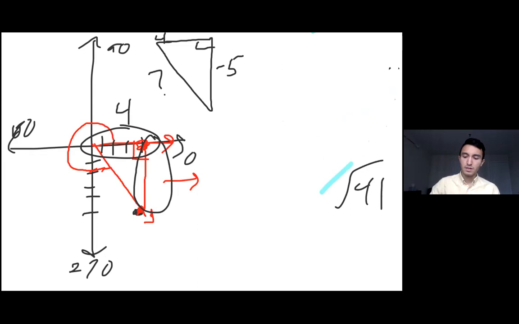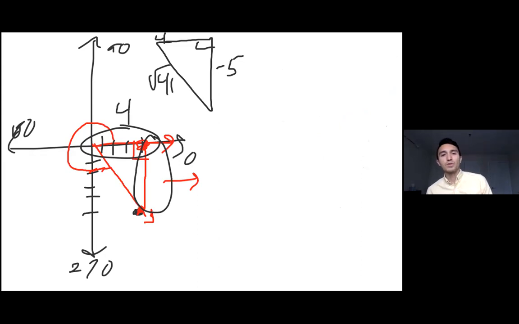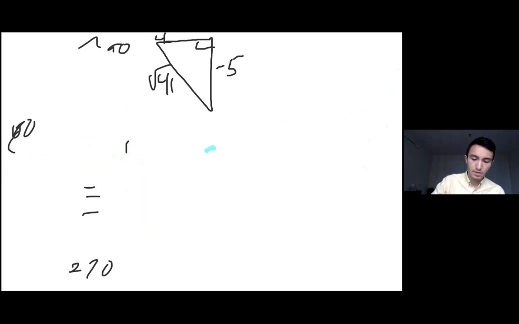So let's fill that in here. Our hypotenuse is square root of 41. And again, now we're doing sine, cosine, tangent, where the angle is this one coming from the center. So let me kind of redraw this here. Just bear with me for a sec.